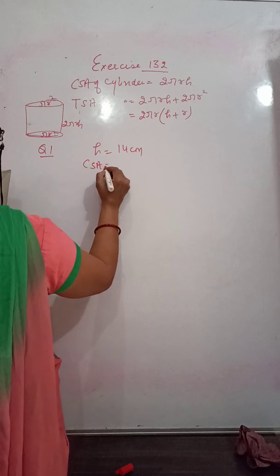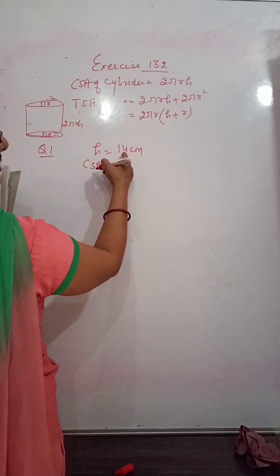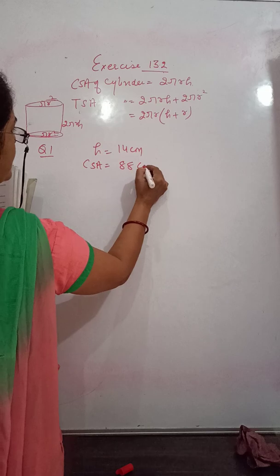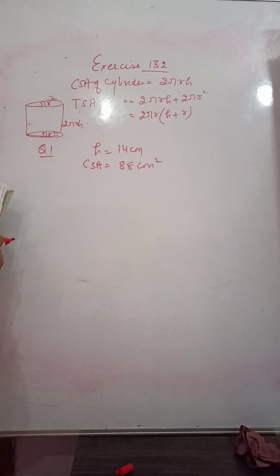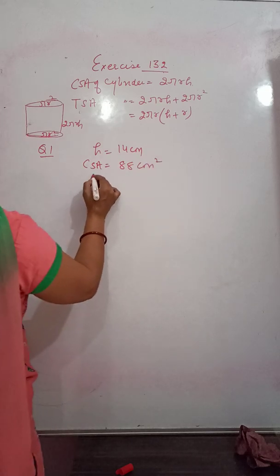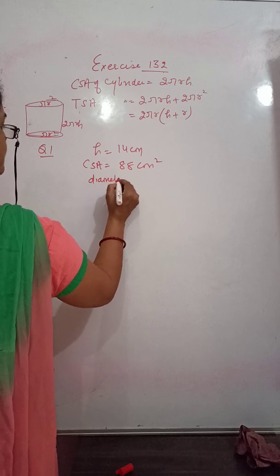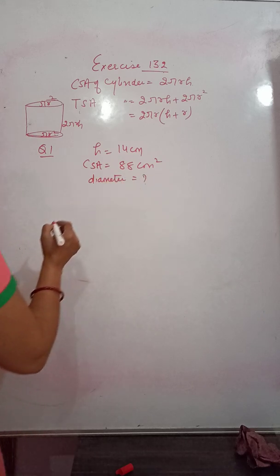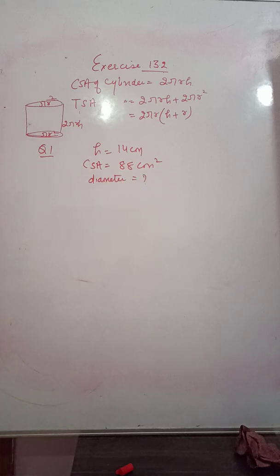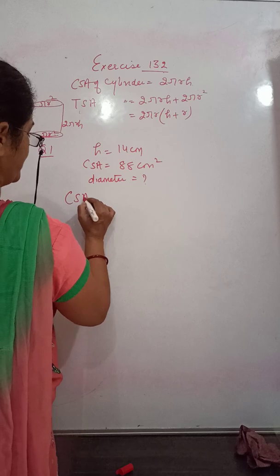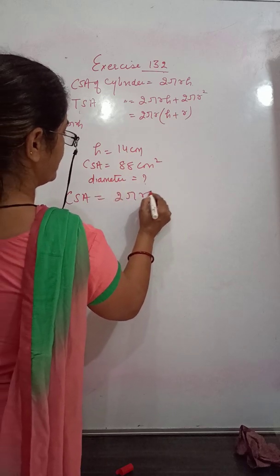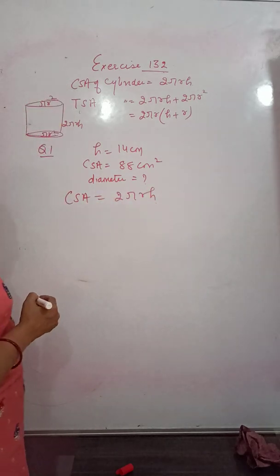That is, the curved surface area of this cylinder is 88 centimeter square, and you have to find the diameter of the base of the cylinder. Very easy, children. Here you know the curved surface area is equal to 2 pi r into h.